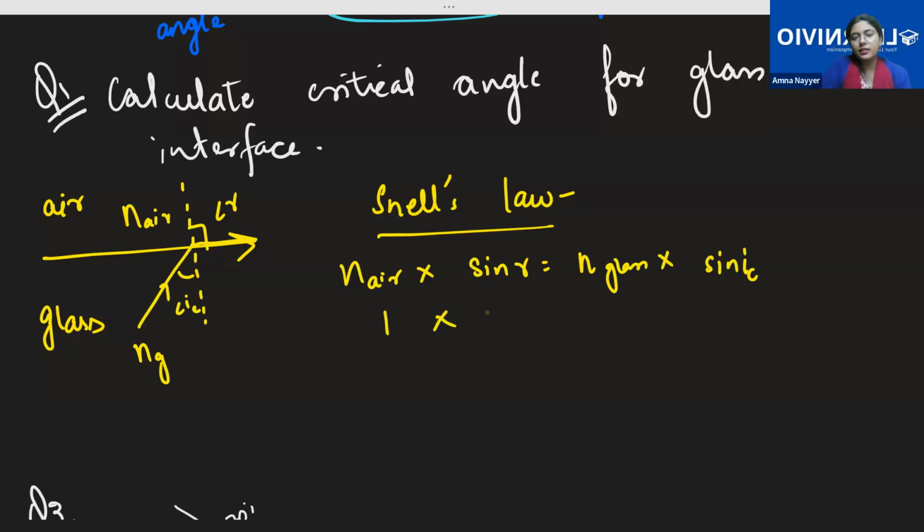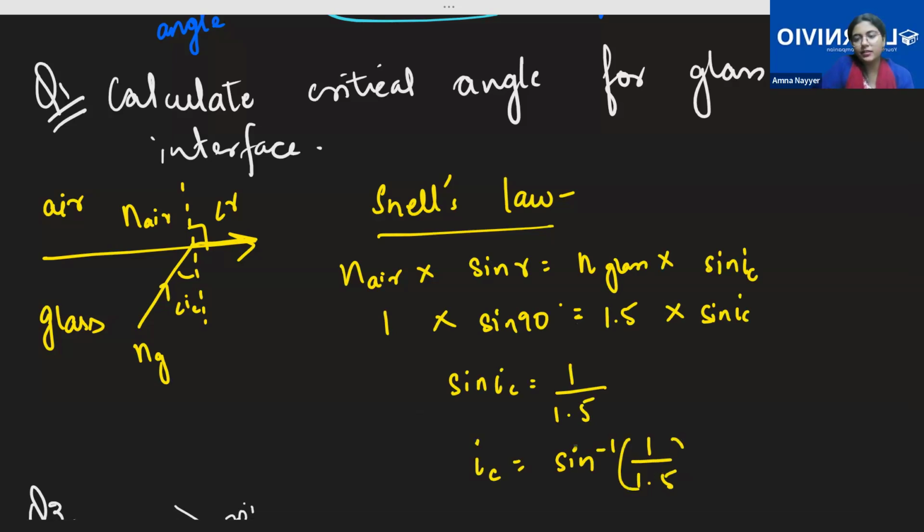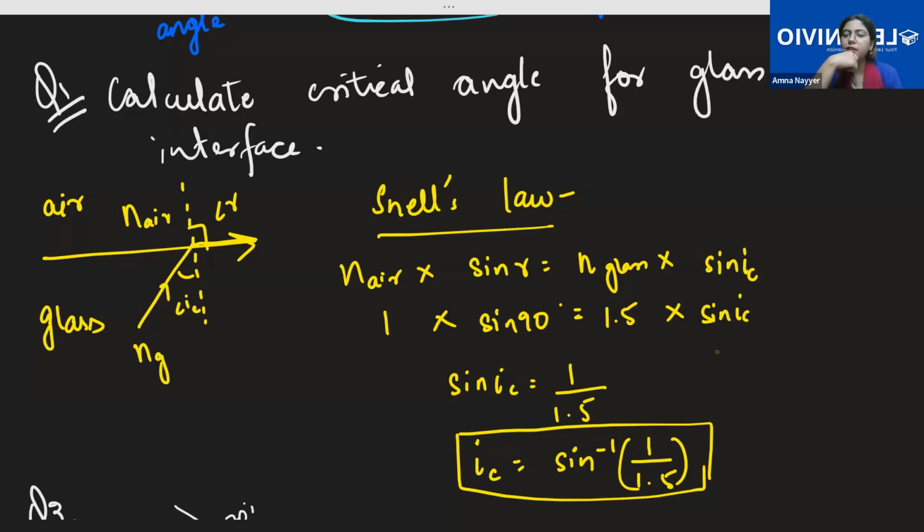This is 1, sine 90 degrees is 1, and this is 1.5. So basically sine IC is equal to 1 by 1.5. For the final value of IC, you will write sine inverse of 1 by 1.5. So this is a formula-based question. Let's see some good questions from your NCERT.